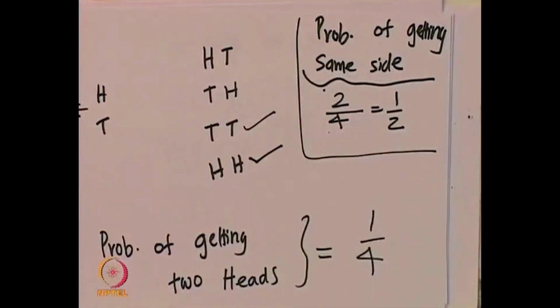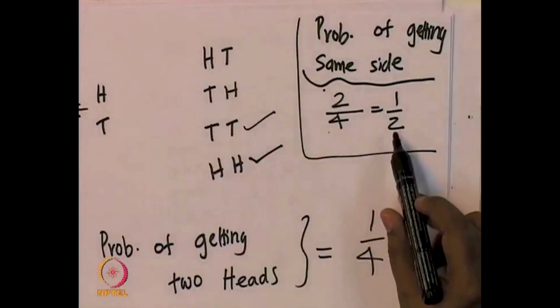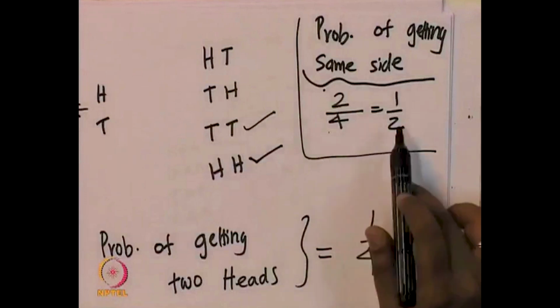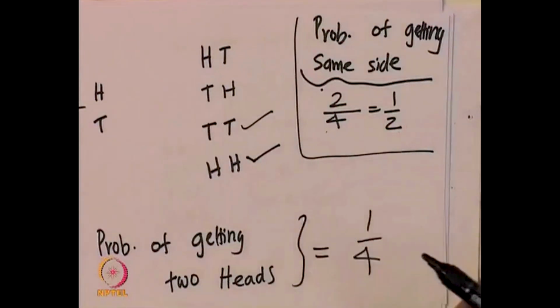So, just by counting like this, we can learn something about these probabilities. I used the example of tossing a coin here. In what follows, sometime later, we will discuss cancer and mutations in cancer.